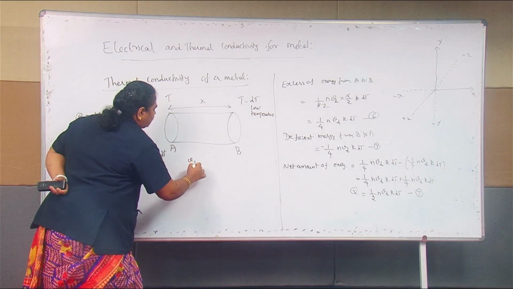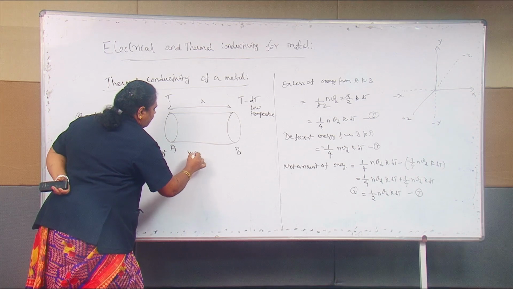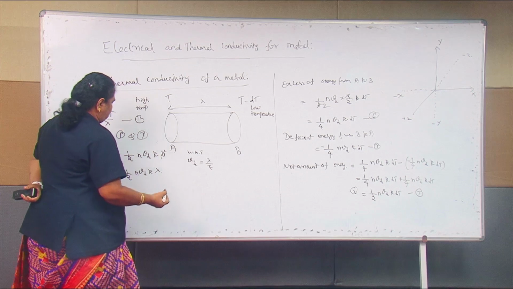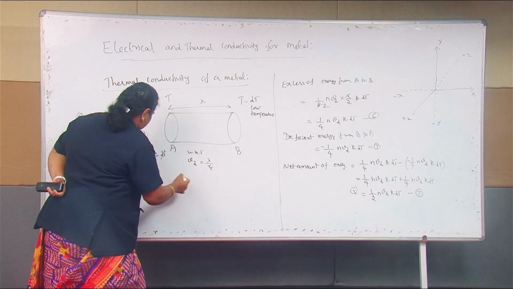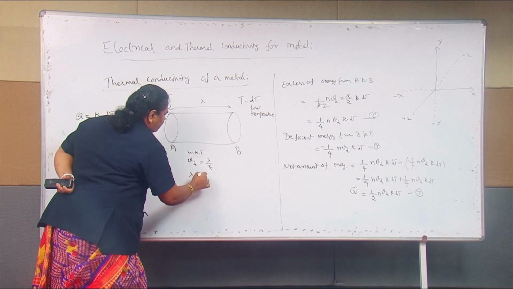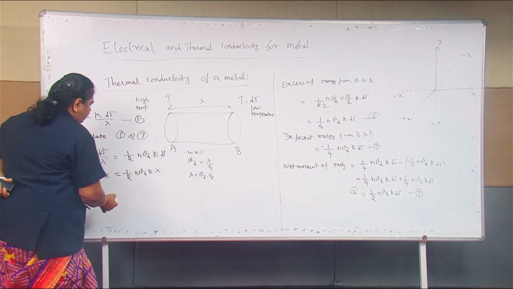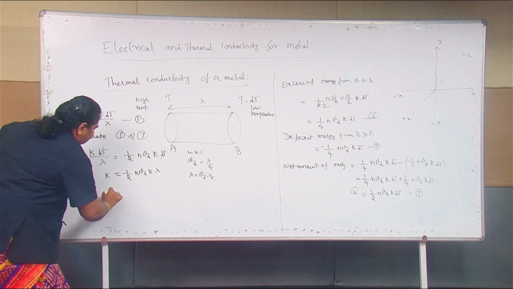So we know that v_d is equal to lambda by tau_c, right? And also we can write lambda is equal to v_d into tau_c, right? So when you substitute over here, what happens to the K?